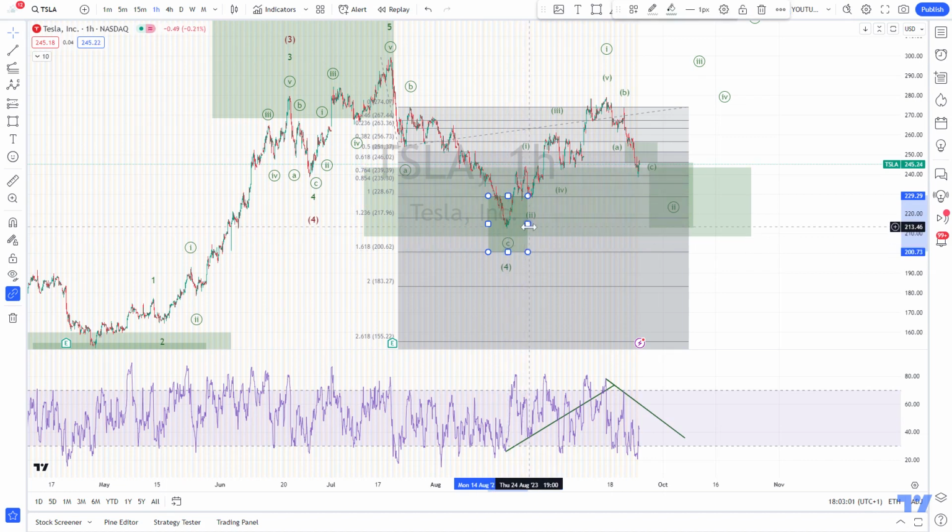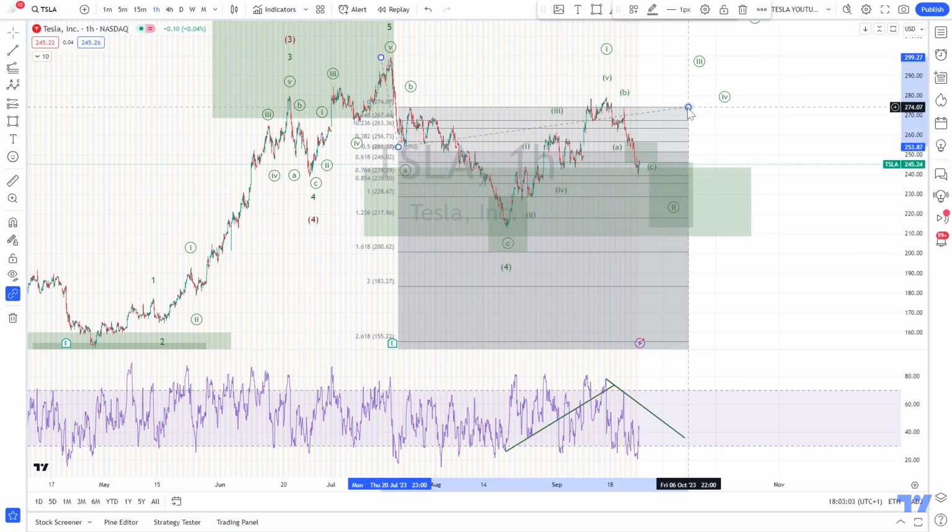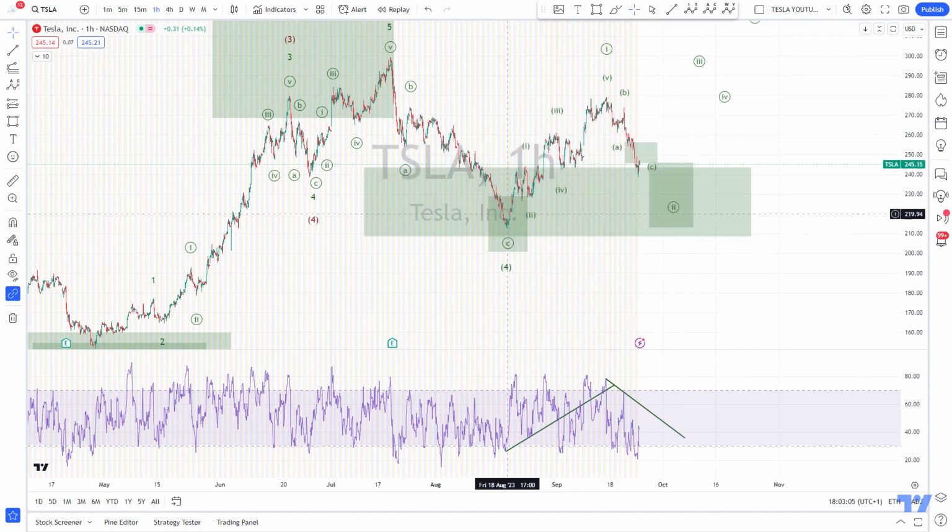This is what happened. And actually here, it's not the nicest one, but in my opinion, this can be counted as an impulse.